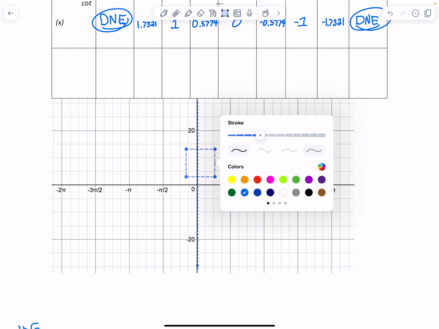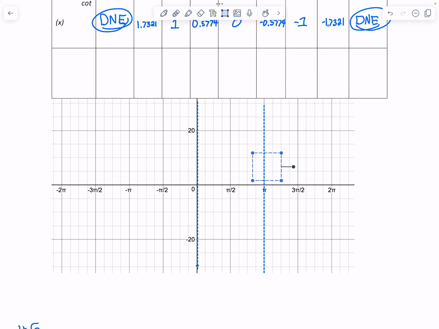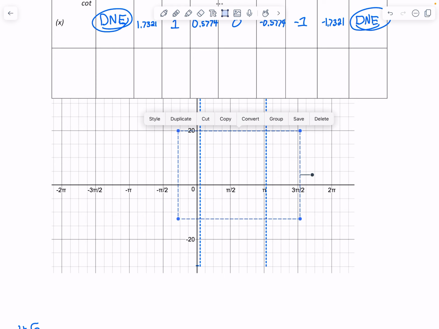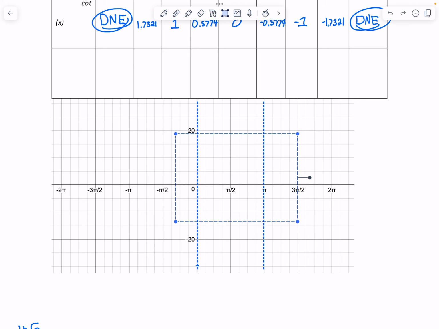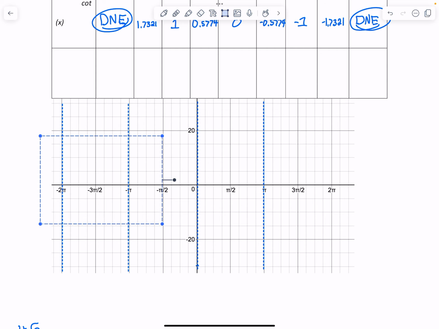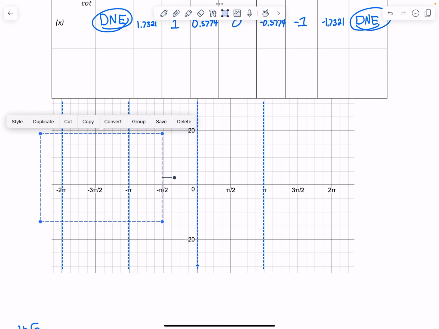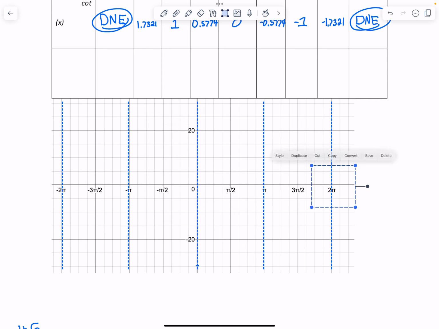So there's my dotted line, and then I'm going to also duplicate, and every pi is where that one's going to start happening. Going this way as well. Right, and then one more. I think I sometimes make this more complicated than it has to be. Okay, so I have my asymptotes there.